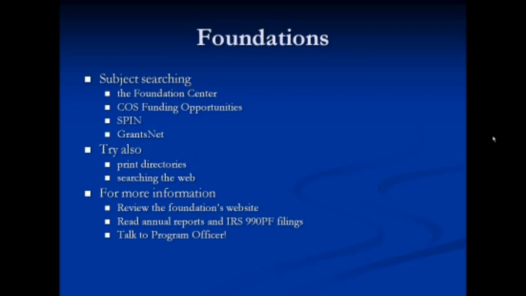And then probably the best and most practical way is just to talk to the program officer, the administrator, someone that's administering that grant within the actual foundation. This would sum up foundation funding.